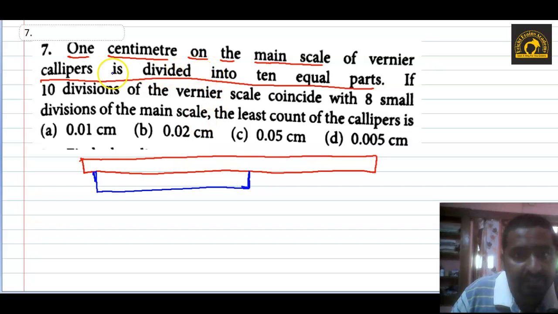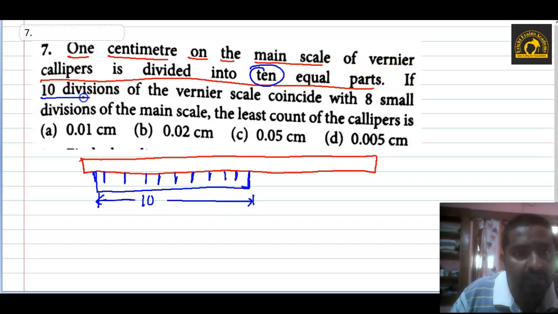The vernier scale is divided into 10 equal parts: 1, 2, 3, 4, 5, 6, 7, 8, 9, 10. So this is 10 equal parts.